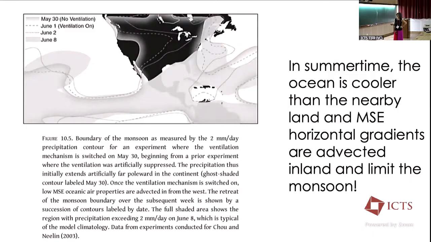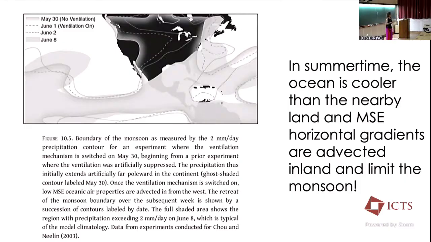So within just a week, this rain band has gotten not quite reaching Texas, right? The idea is that during summertime, the ocean is cooler than the nearby land, and so MSE horizontal gradients are advected inland and limit the monsoon.